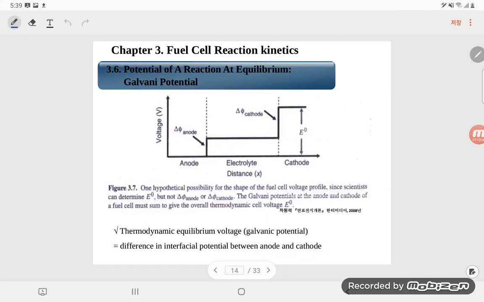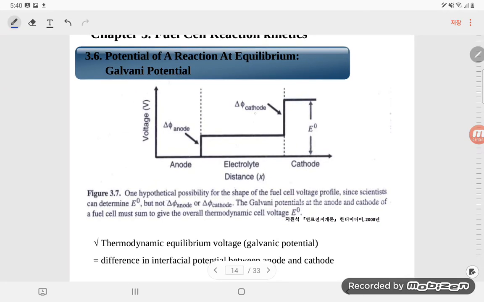Okay, and if we look into the anode and cathode too, because from the electrolyte the proton and electron are polarized, there should also be an electrical potential difference between the two, for the anode and also for the cathode, right?